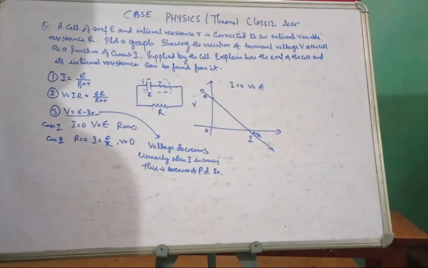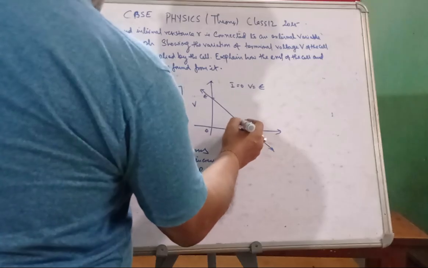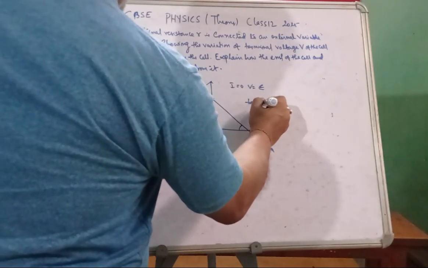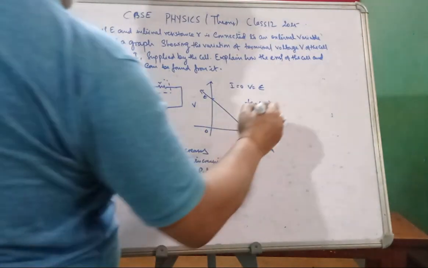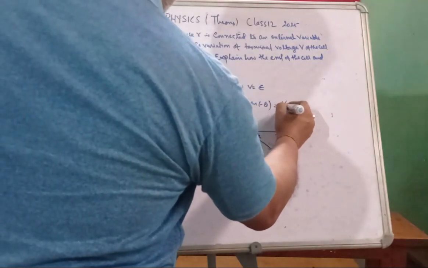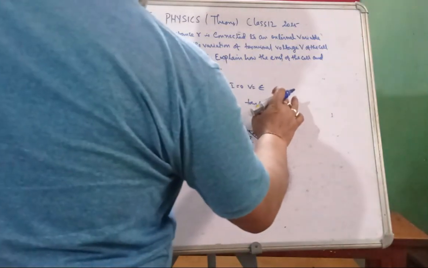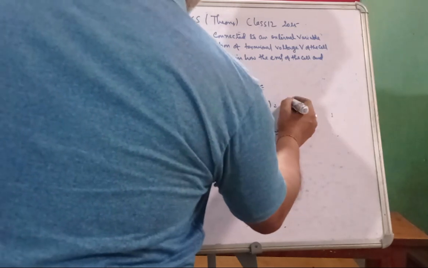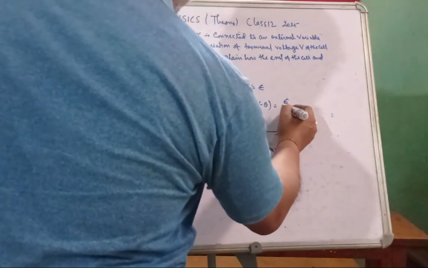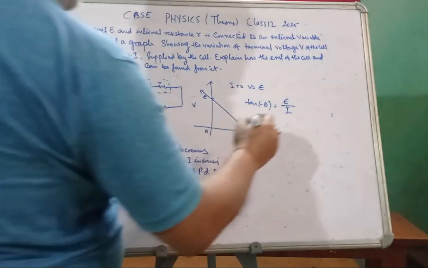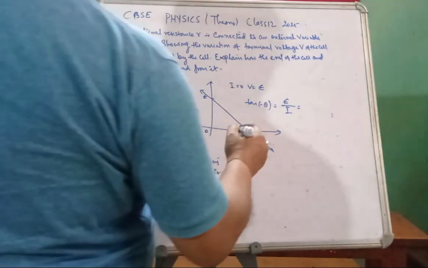And to find r, you have to take this minus theta slope, because it is negative, that is equal to V by I, that means epsilon by I. This will give you the internal resistance r.